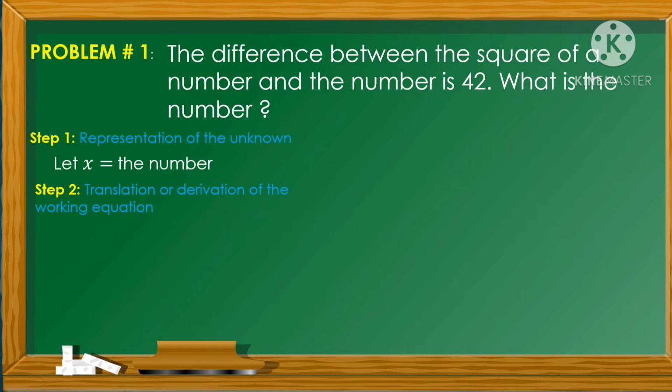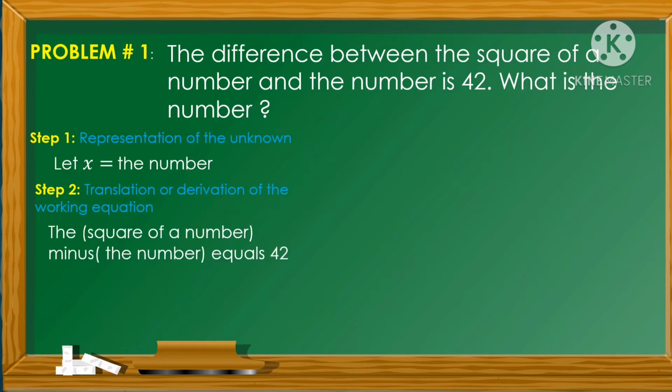In step 2, we'll have a working equation. Sabi doon sa problem, the square of a number, minus, so itong minus na ito ay nanggaling din dito sa word na difference. The word difference implies operation or minus the number.